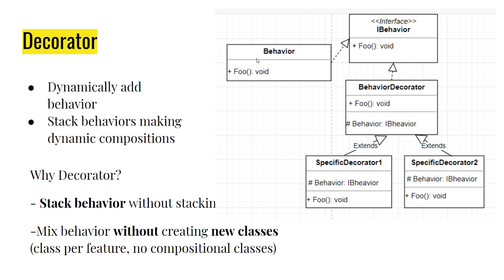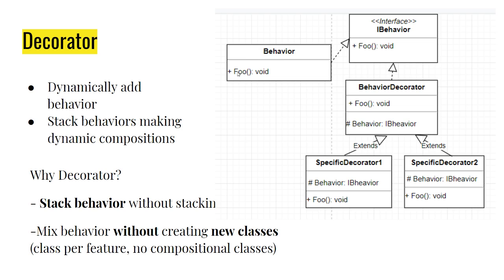So it means that it does the same as the behavior. Our decorator implements the same interface as behavior. But on top of that, it has an instance of that behavior. So when we call this method, we will also call behavior foo.